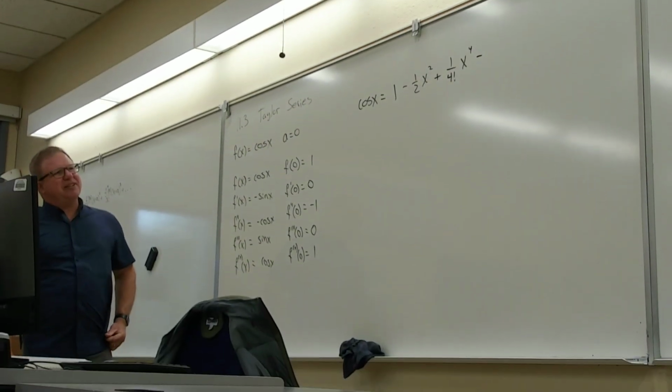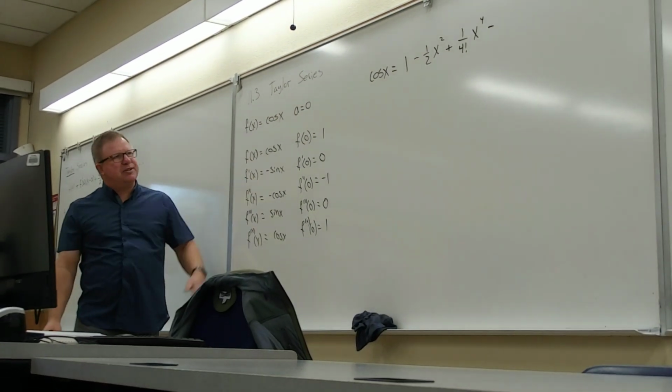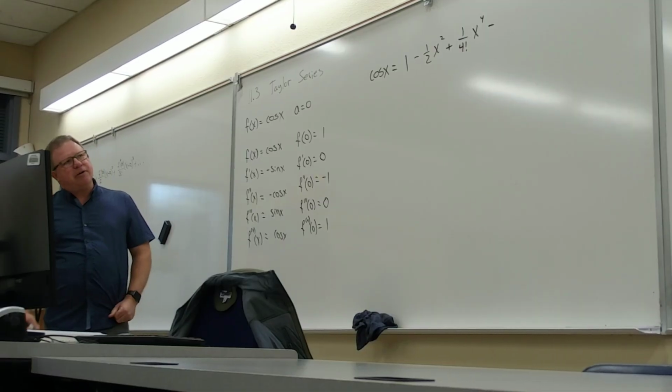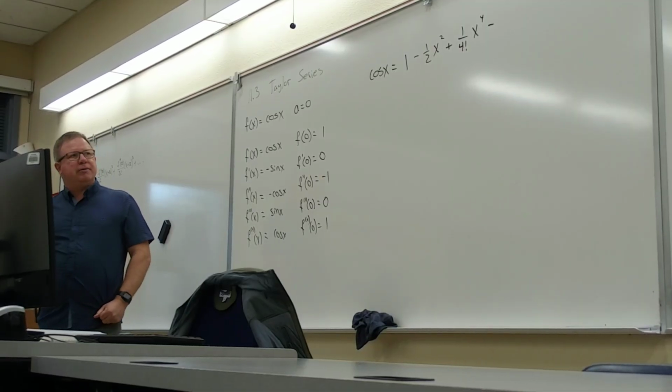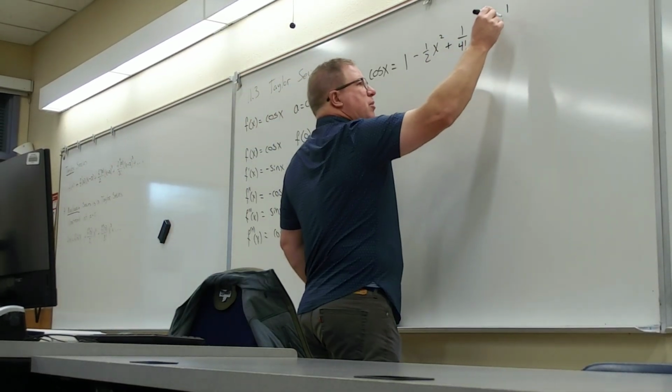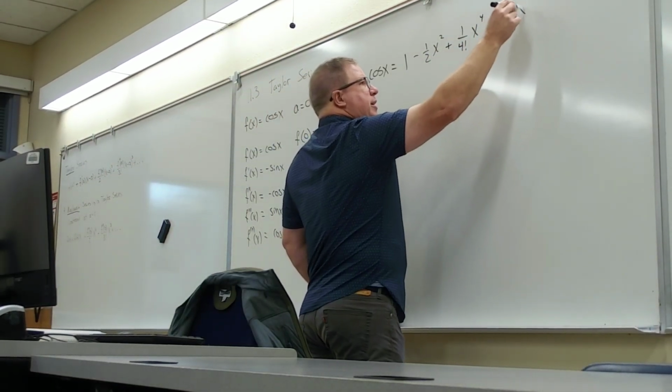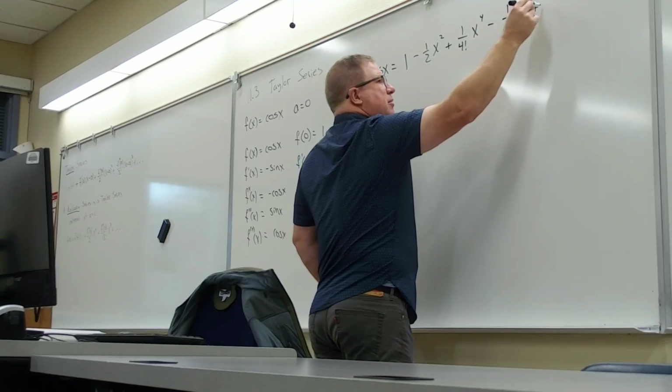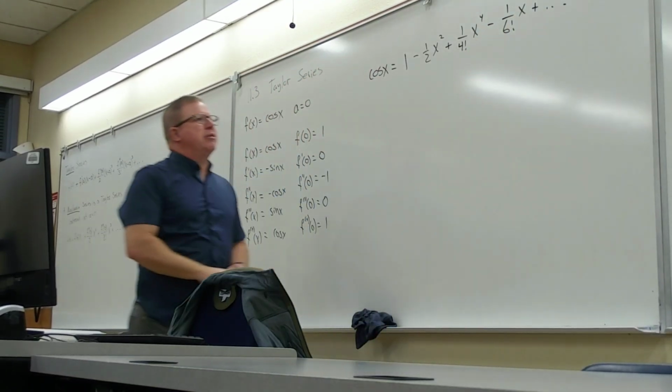I kind of don't like to leave it with a minus. We don't need to do this again, but just looking at the pattern, what will the next one be? Yes, 1/6 factorial, x to the 6th, plus dot, dot, dot.